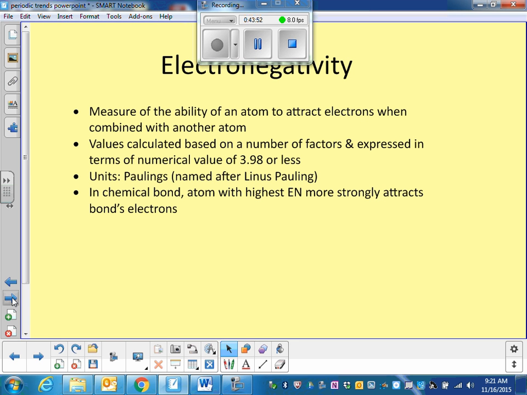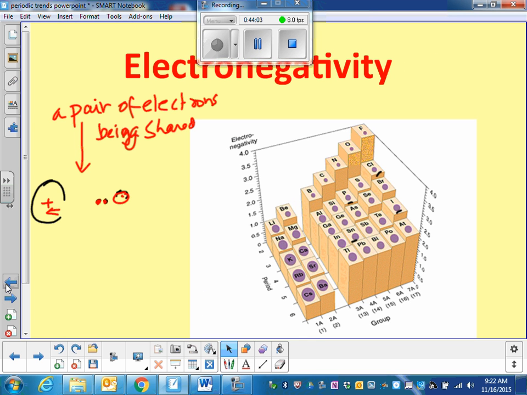So we are now on to the worksheet. Let's see which one will pull more. Is it going to be potassium or bromine? They're in the same group.